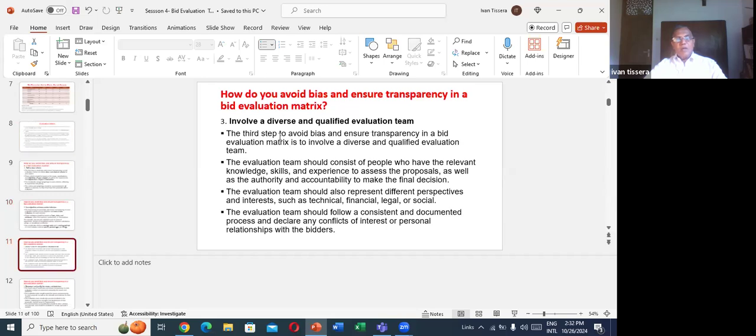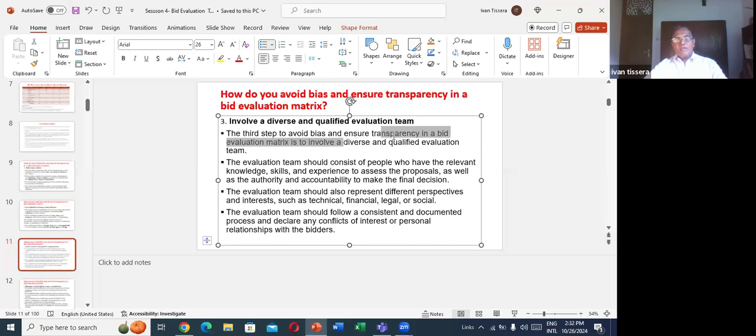Third point is to involve a diverse and qualified evaluation team. I mean, it all depends on the quality of the evaluation team members. The third step to avoid bias and ensure transparency in the bid evaluation metric is to involve a diverse and qualified evaluation team or panel.